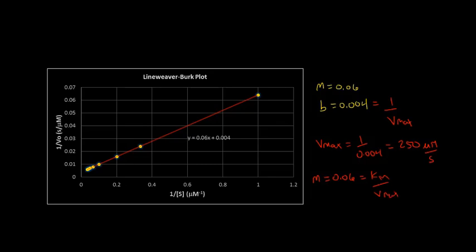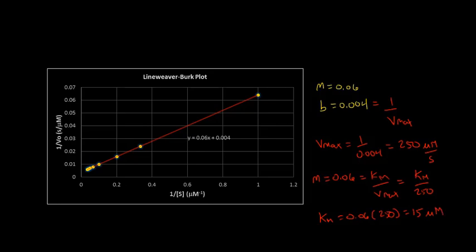We know our Vmax, we know our slope, so we can solve for Km. So Km divided by 250 equals 0.06. Here Km is 0.06 times 250, which is equal to 15, and our unit here is micromolar.